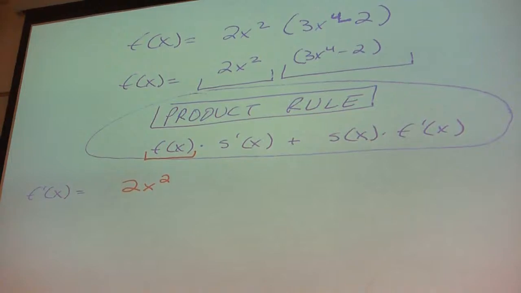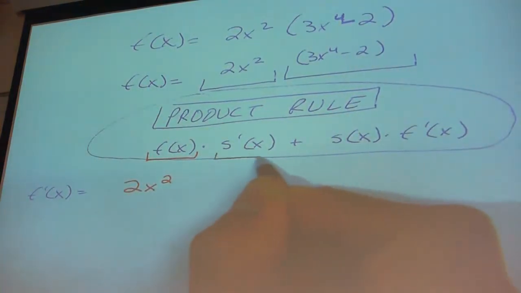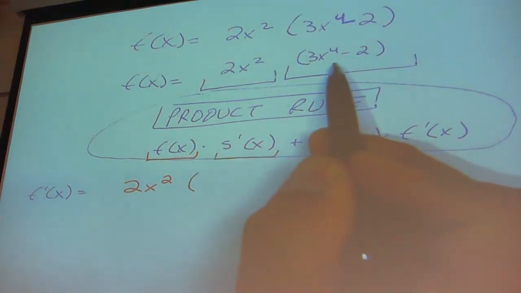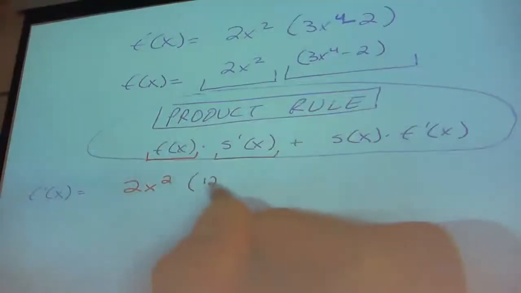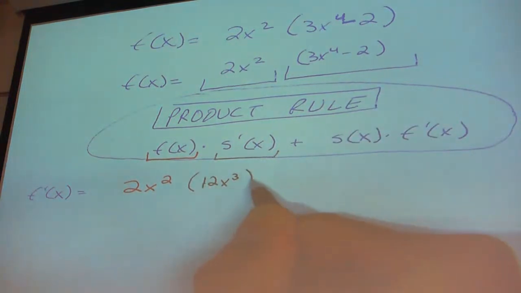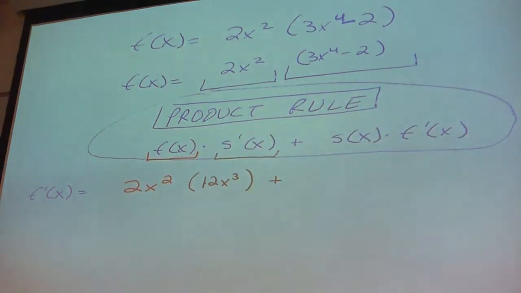Are we okay? Next, what does s prime of x mean? Multiply by the derivative of the second one. What's the derivative of 3x to the 4? Good. And what's the derivative of -2? Stop there. Plus. Any questions so far?